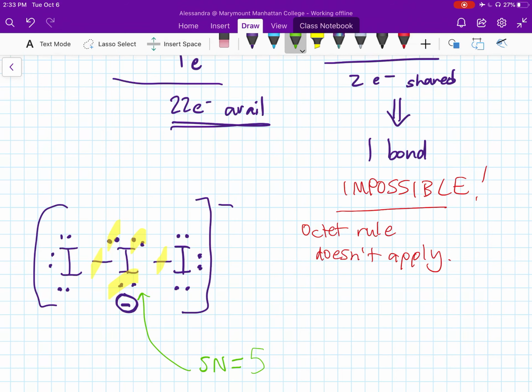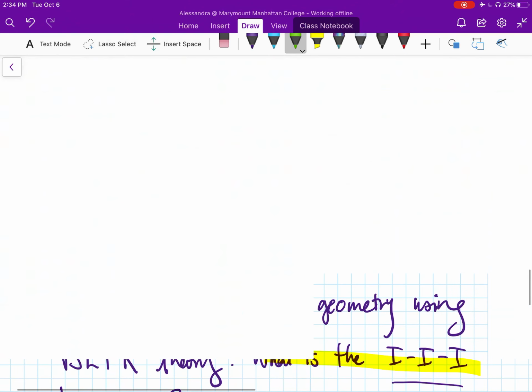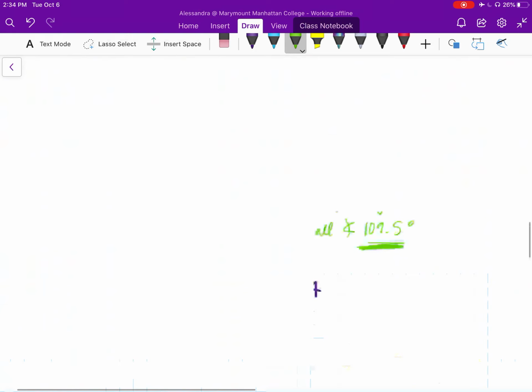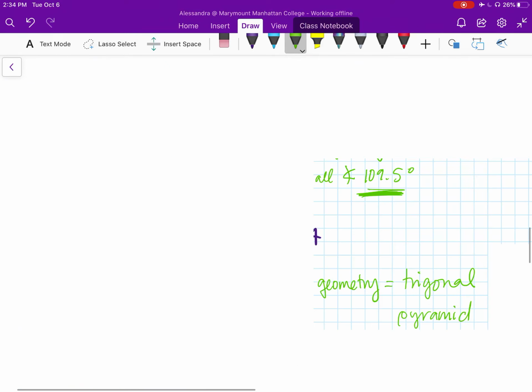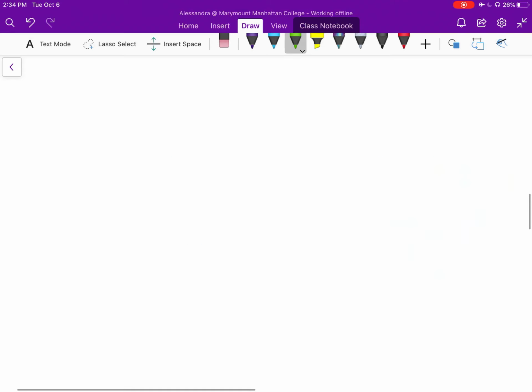So we have a substituent number of 5, and we have 3 lone pairs around that central iodine. In order to figure out what the geometry is, I have to go up to my VSEPR theory handout and look for a situation where I have a substituent number equal to 5 and 3 lone pairs on the central atom.